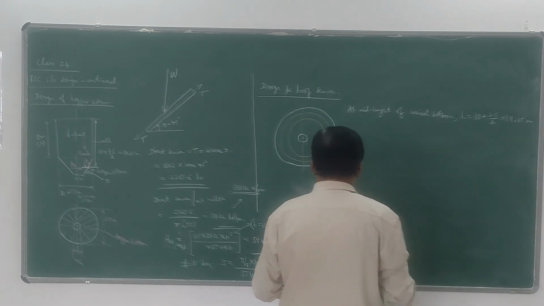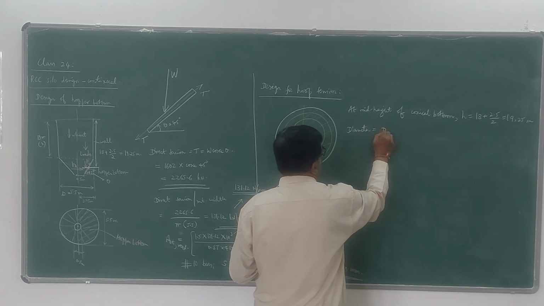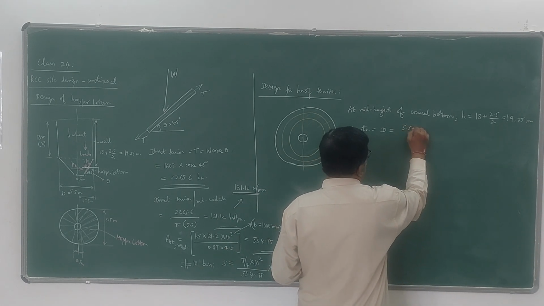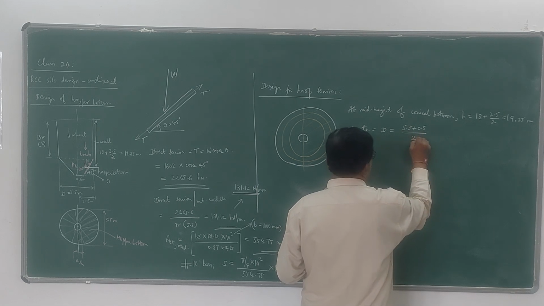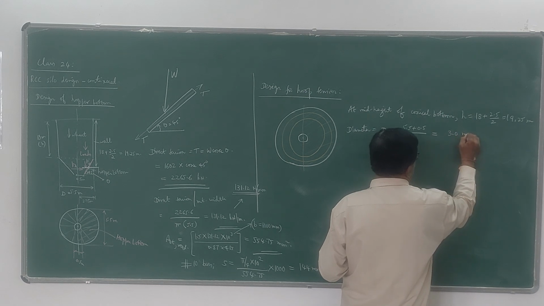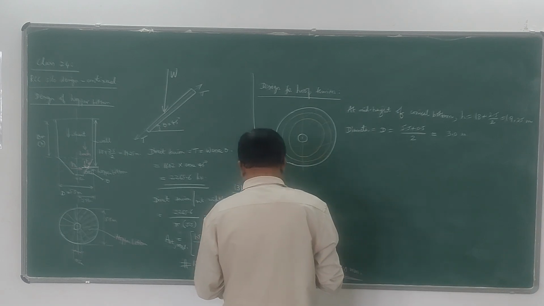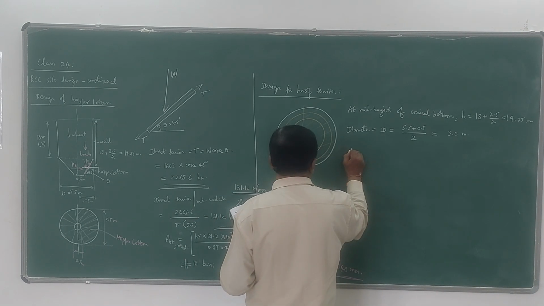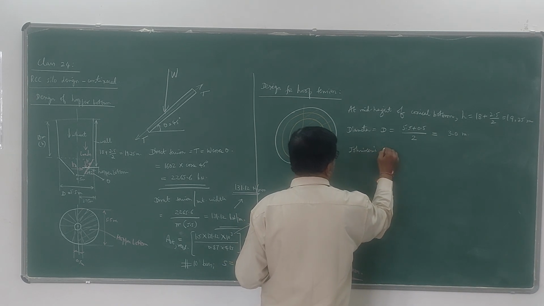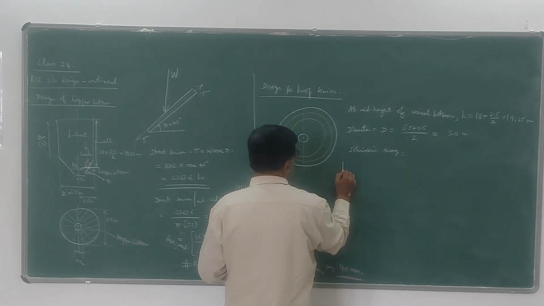Diameter D will be 5.5 plus 0.5 by 2, so it comes out to be 3 meters. Now by using the same Janssen's theory, you can find the pH value.